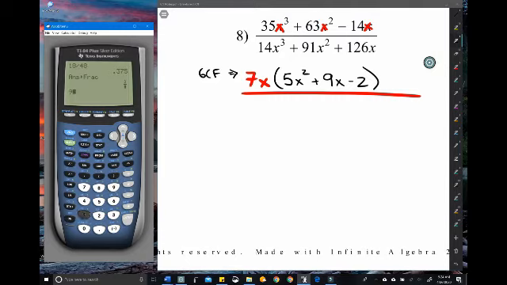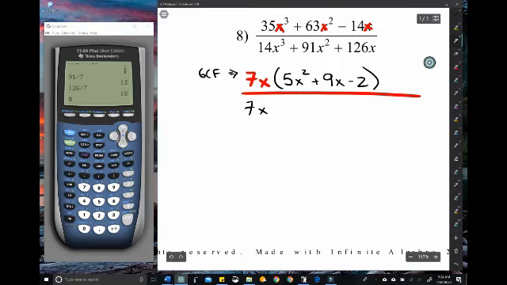It is. Didn't know that. What about 126? Check that out. So we can also remove a 7x. I'll make it red again. Leaving us with 2x squared plus 13x plus 18.